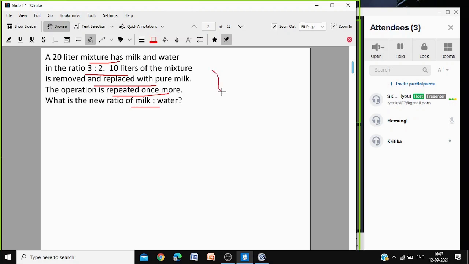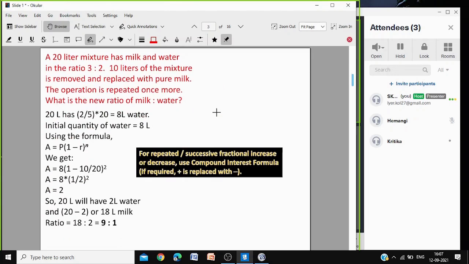Whenever this type of question comes, you always employ what we call the compound interest formula. This is the compound interest formula, only instead of plus, we have made it minus. In interest it is plus, so we have made it minus. And we are not writing r by 100 because it is not a percentage, it's a fraction. It could be any fraction, 1 by 5, 2 by 3.